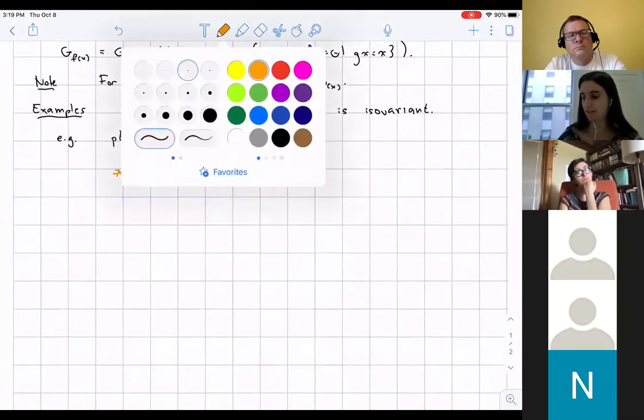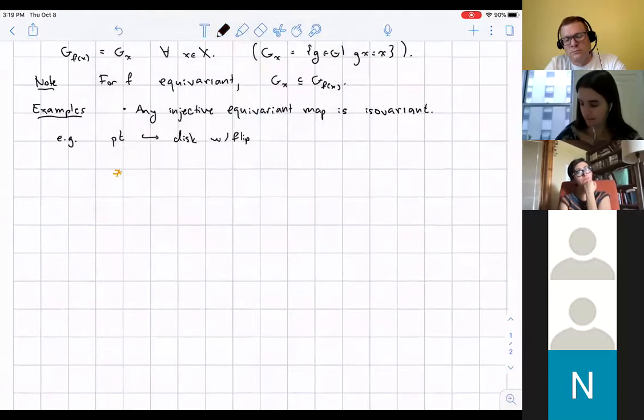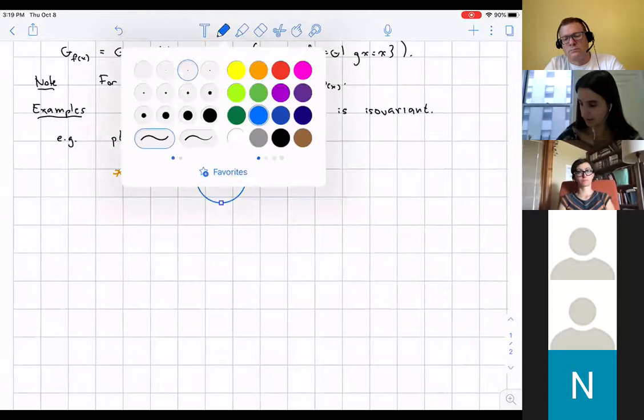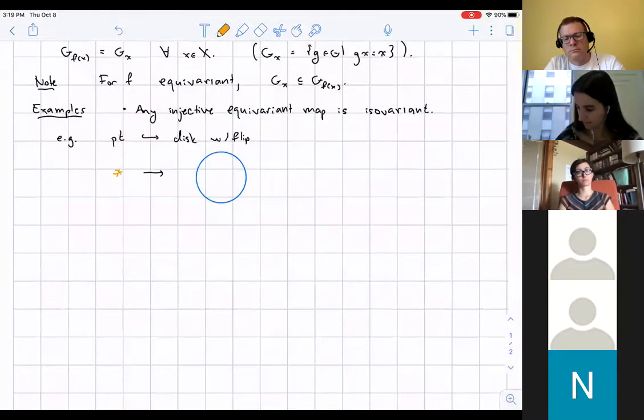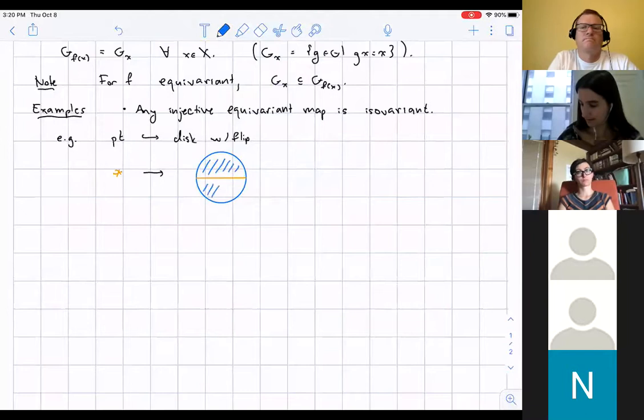Here we have a point, and we're including this into a disk. Its middle is also fixed. Everything that's not the middle is free.